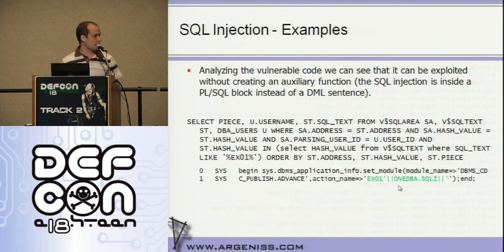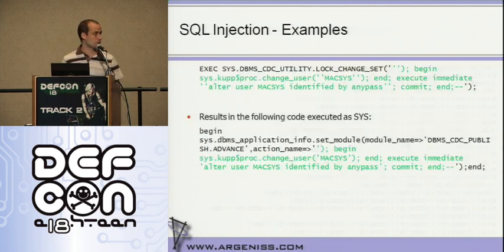Here in green, I can see where the parameter I insert is used. As we can see, there is a begin and an end. So we can just close this stored procedure call with a parenthesis, and with a semicolon we could add other statements without the need of calling an auxiliary function.